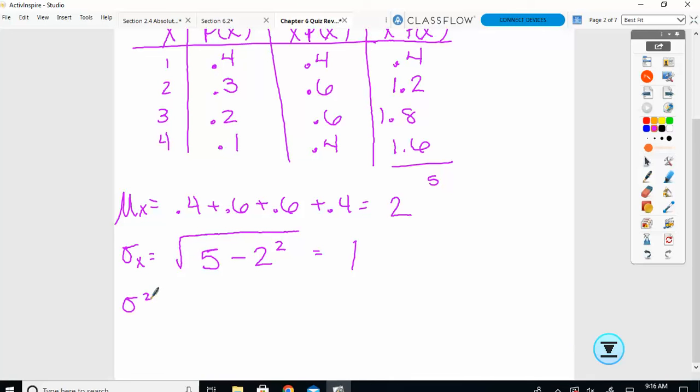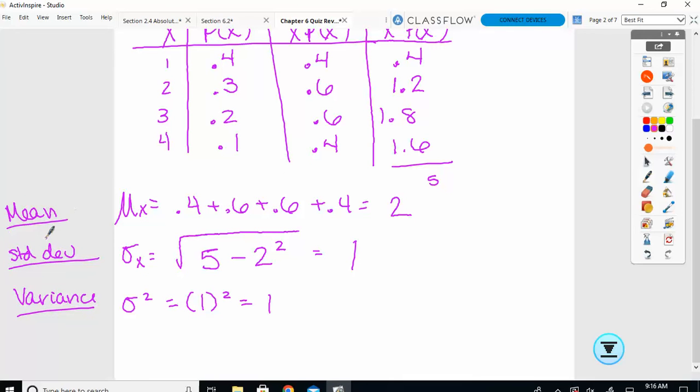So it's just your standard deviation squared. So that's 1. Is that okay with everybody?